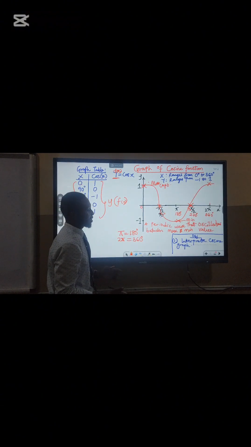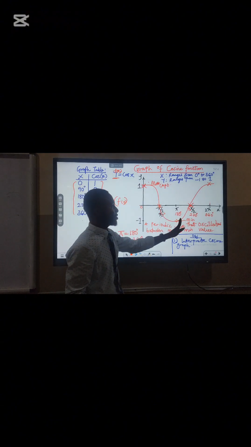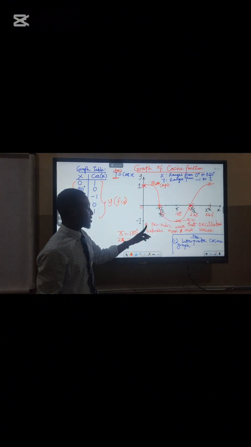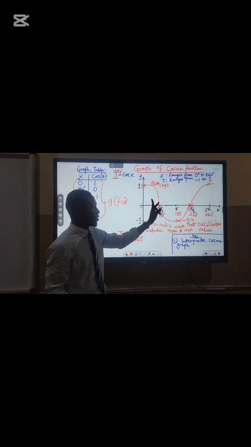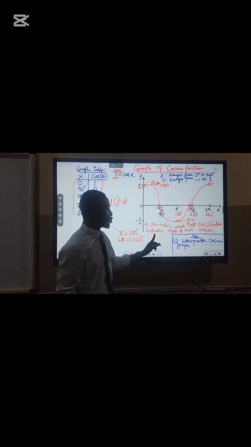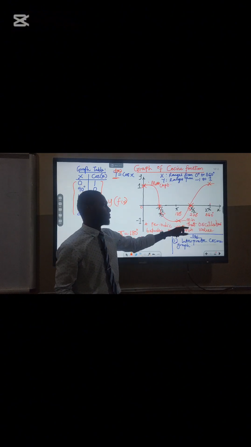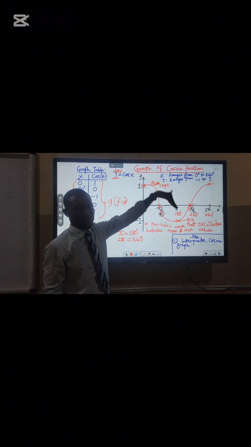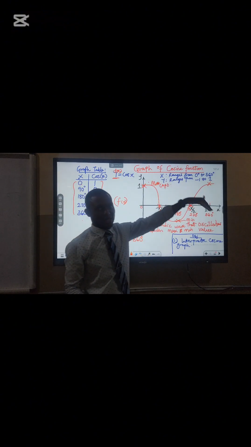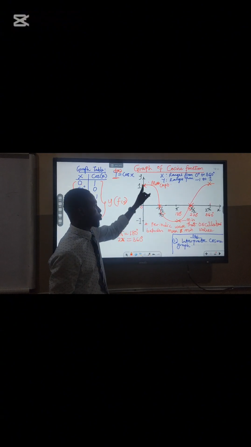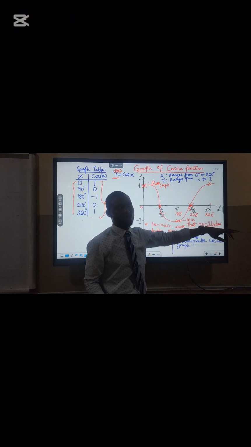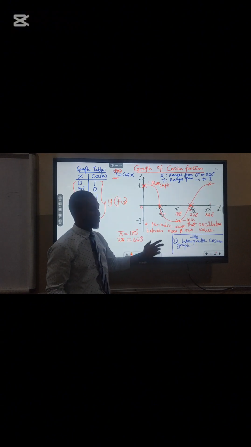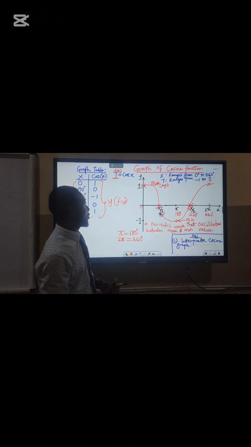How do we interpret this oscillation? It means a periodic wave that oscillates between the maximum and minimum value. That is, it is increasing, decreasing, increasing, and decreasing. That is what we call oscillatory movement. So this is the graph of the cosine function.